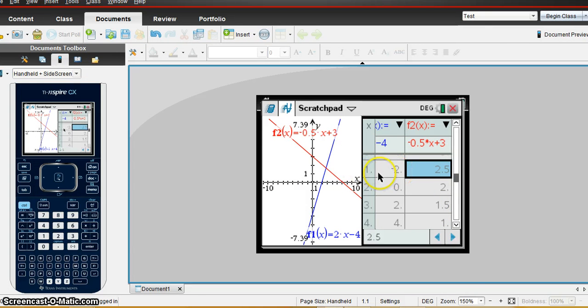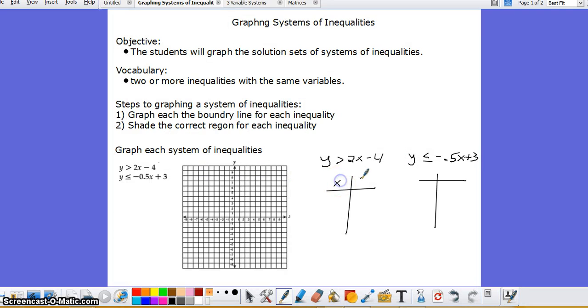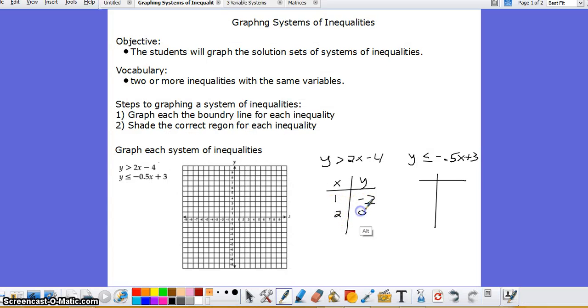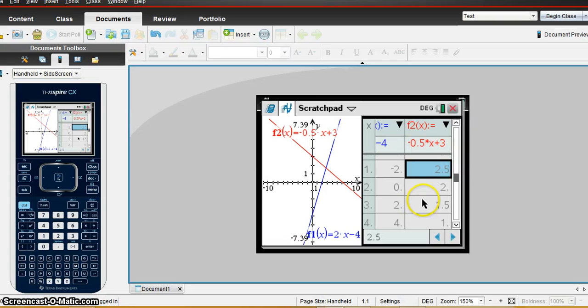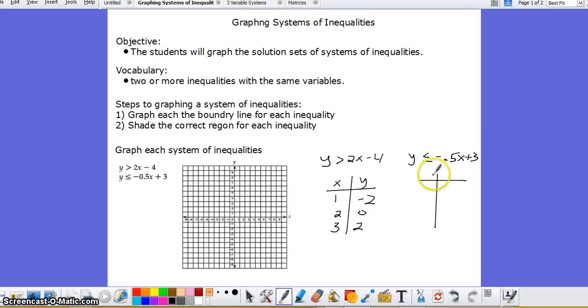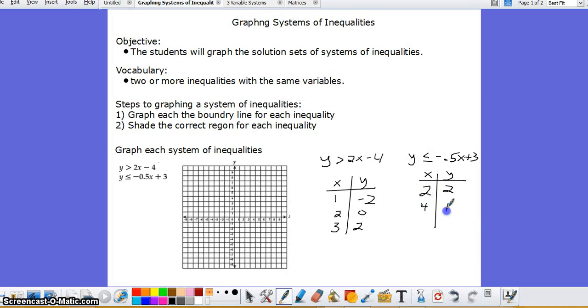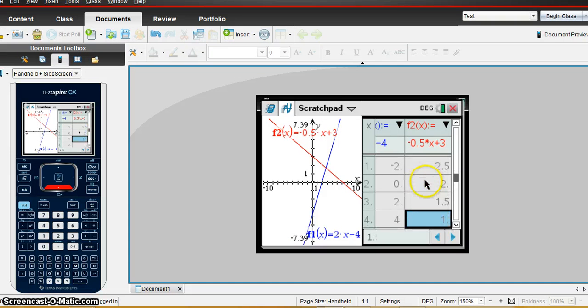The first one, I have 1, negative 2; 2, 0; and 3, 2. The second one, I have 2, 2. Remember, you want to go with the whole numbers, so 2, 2, 4, 1, and if I go down, 6, 0.